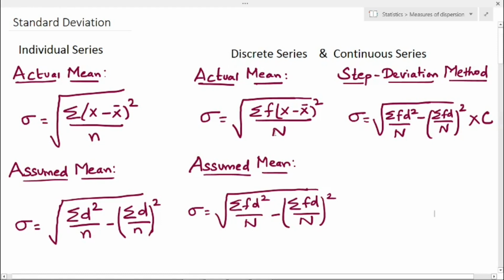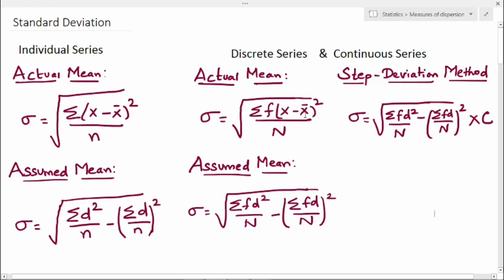Next, in the case of discrete and continuous series, we have the same formulas. First, the actual mean formula: sigma equal to root of summation f into x minus x bar the whole square divided by capital N. In the case of a discrete series, we have frequency values, that is f.